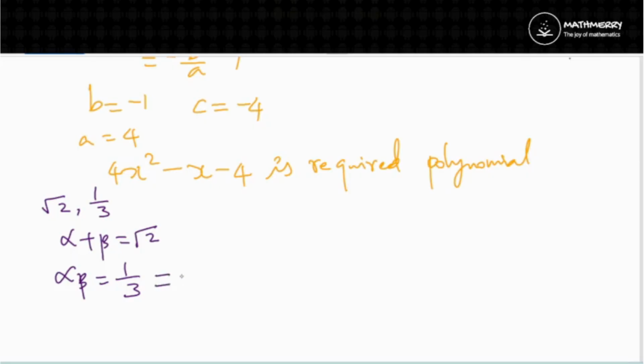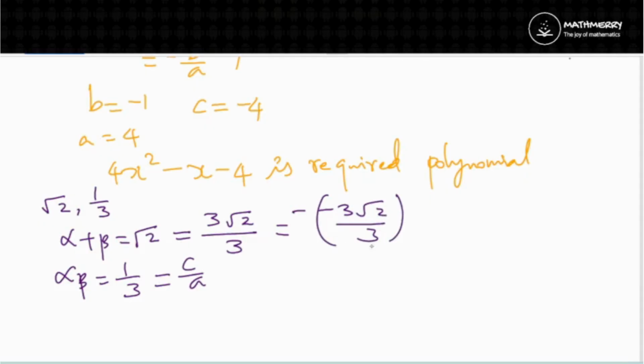So here we are getting c by a. Here we are getting a as 3. So what we have to do here is we have to multiply and divide root 2 with 3. So 3 root 2 by 3. So this again we can write it as minus of minus 3 root 2 by 3. So this will be equal to minus b by a.